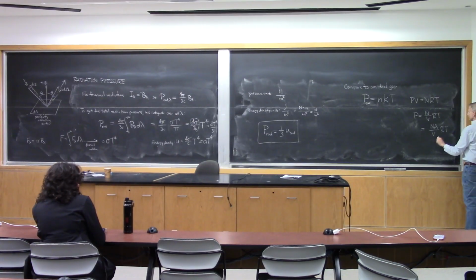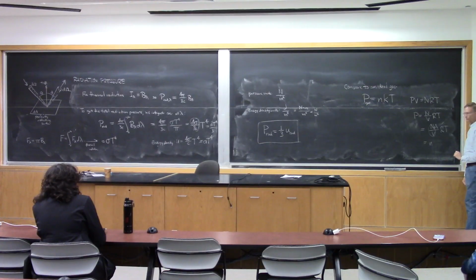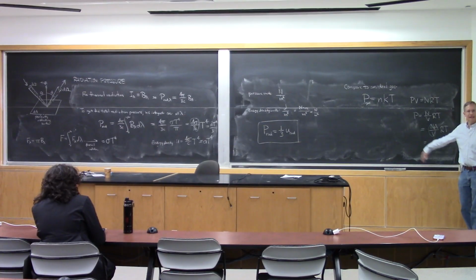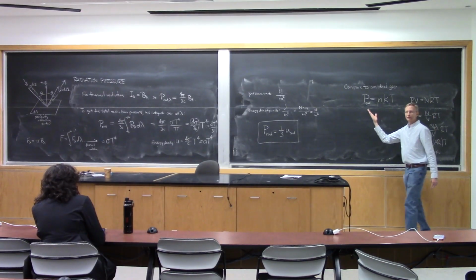So N over V is the number density, and I'm hoping I'm getting this right. If you're watching this later and I'm wrong, figure it out, okay? So in other words, the Boltzmann constant, if I did this right, is the gas constant divided by Avogadro's number.